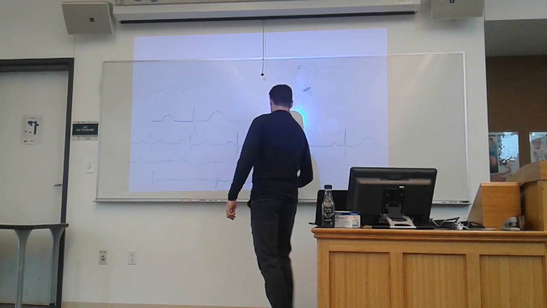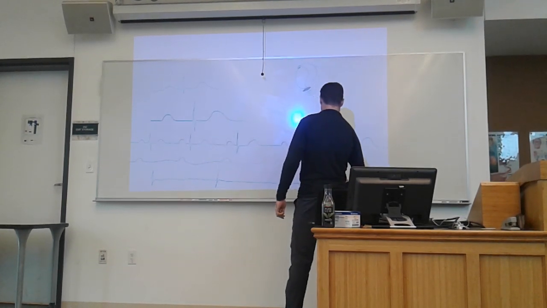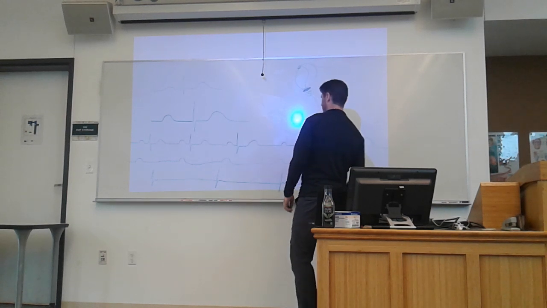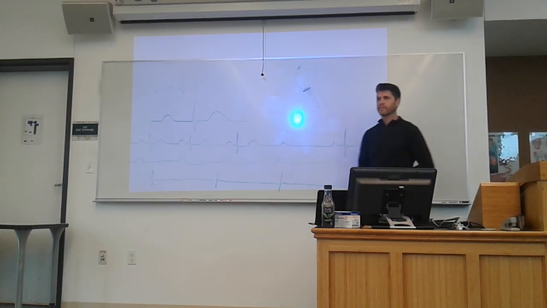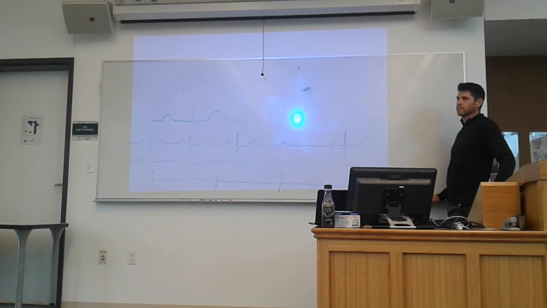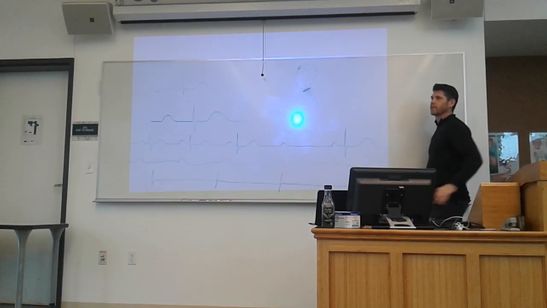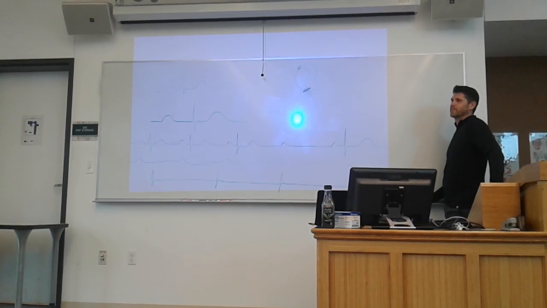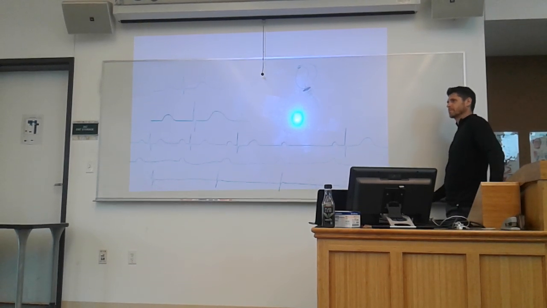Because it'd be at a junctional rate. Well, it depends on its intrinsic rate, which will be slower. So the intrinsic should be 90. Something like that. And then smash them together. Yeah, so it almost looks like the QRS is drifting into the P waves, but it's not really, because if you were to caliper it out, it's staying consistent.